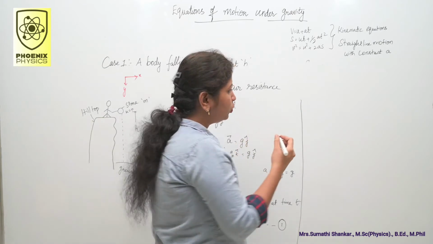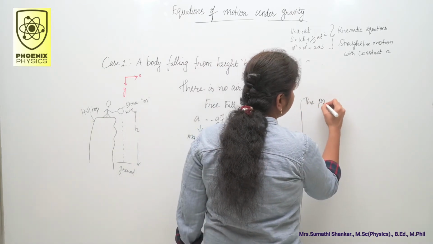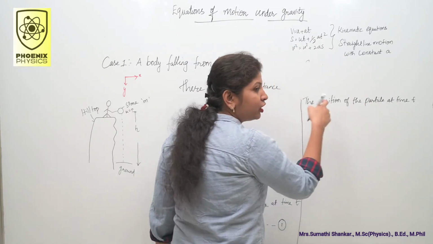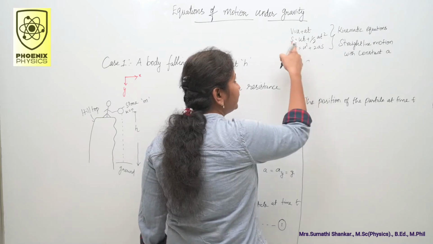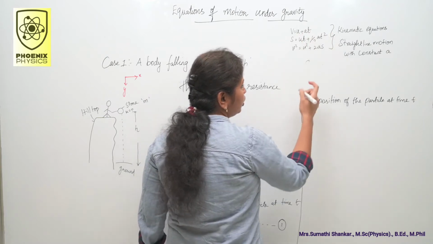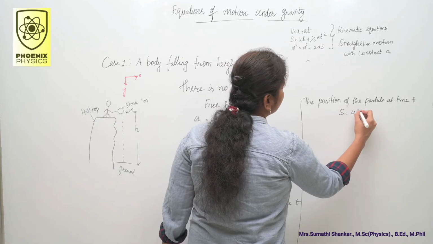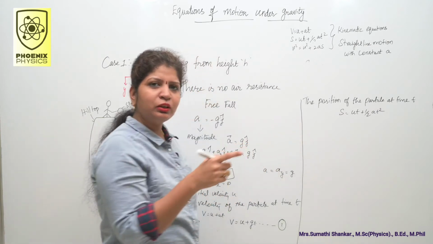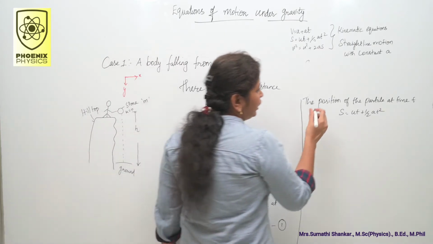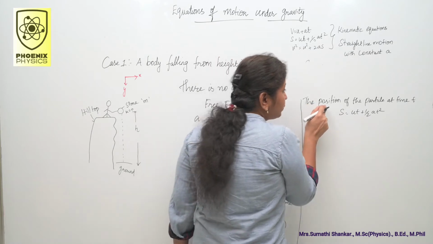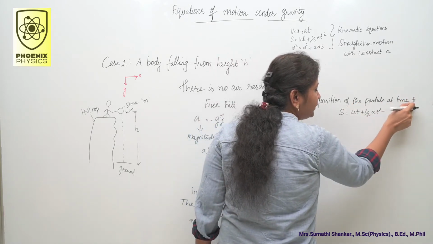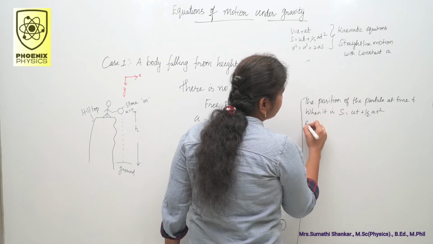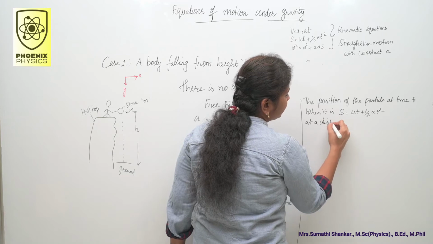Then how do you find out the position of the particle at time t? If you want to find out the position or distance or depth, we can take the second kinematic equation. What is that? s is equal to ut plus half at square. Here what is s? s is nothing but a distance. Here we are going to consider the position of the particle at time t when it is at a distance y from the hilltop.